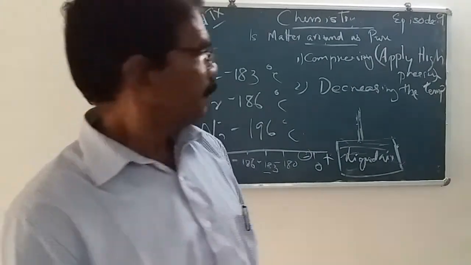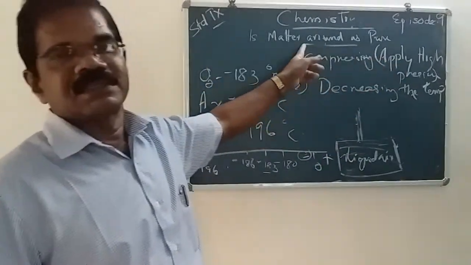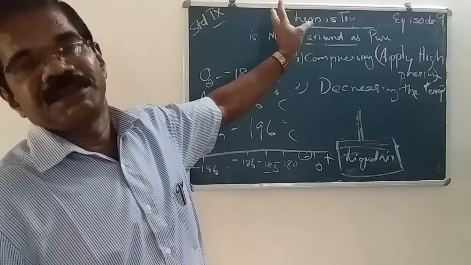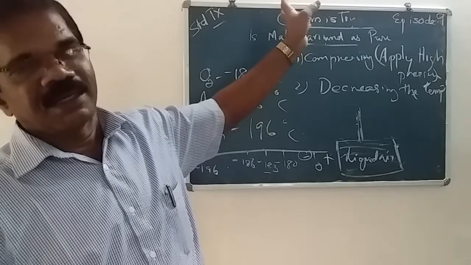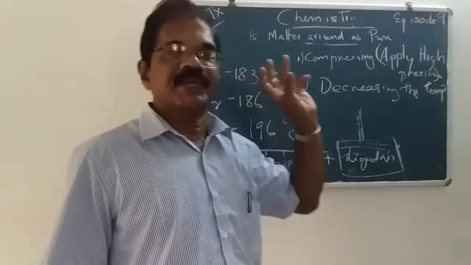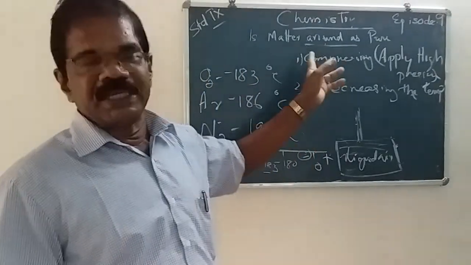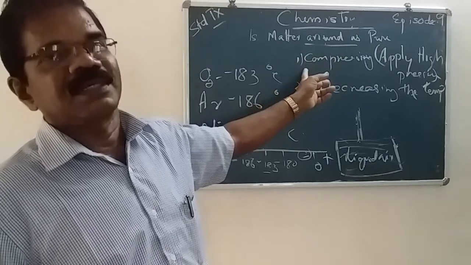So today we have to learn the separation of the components of a mixture. As I told you before, pure air is a homogeneous mixture, and its components can be separated by this method.